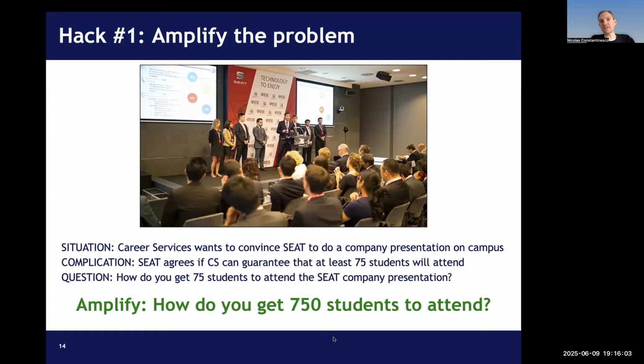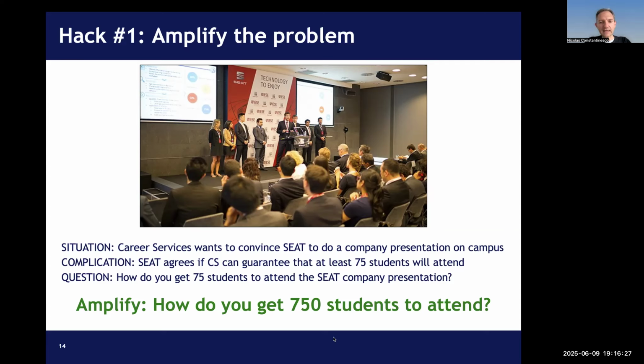Probably not, we just need students. So now we're going to start thinking about students from outside ESMT, and things like that. Amplifying the problem forces you to get out of the box of the problem, and that can give you a broader view on the problem. So that's one hack: amplify the problem.